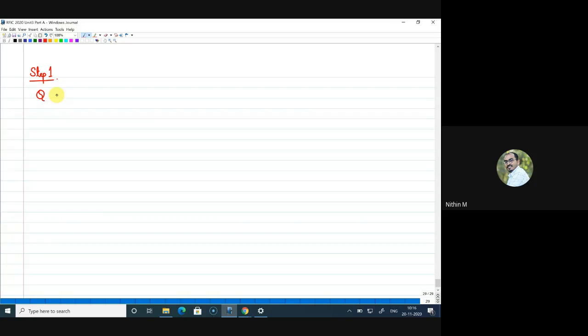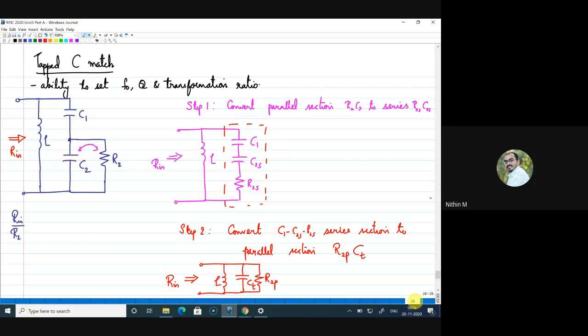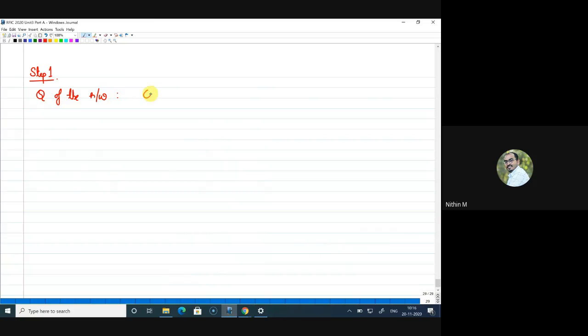First, let me write the Q of the network. The network is Rin, L, C1, C2, and R2. So from this, I can write the Q of the network as Q equals Rin divided by omega naught into L. This is one way to write it.